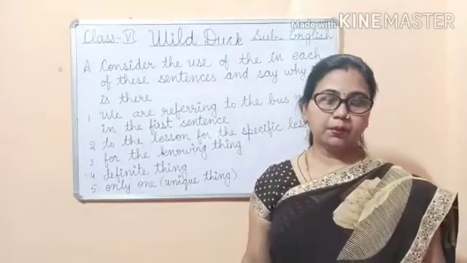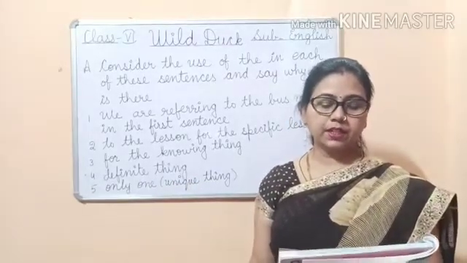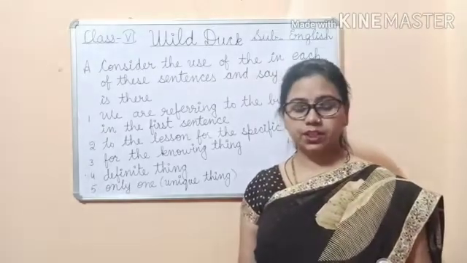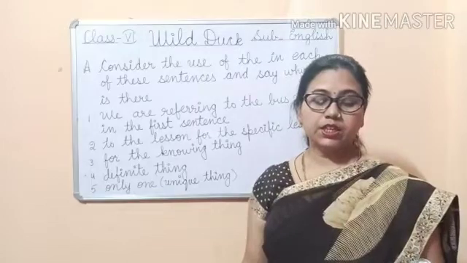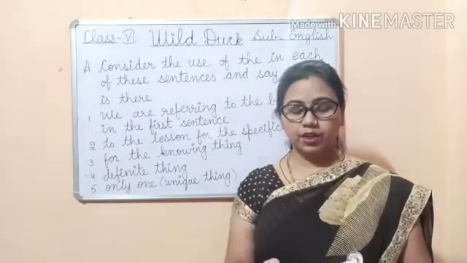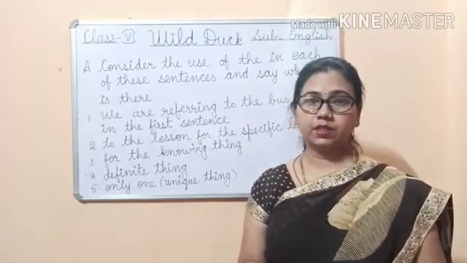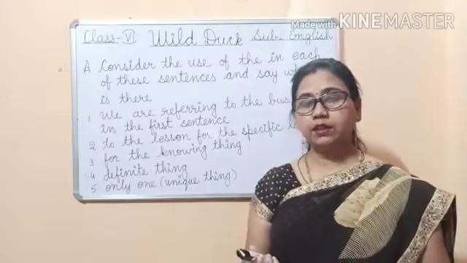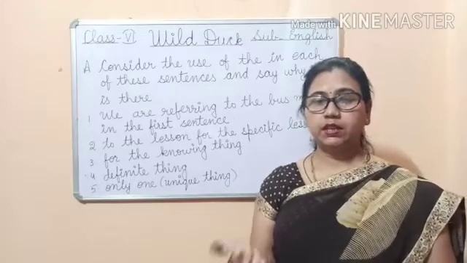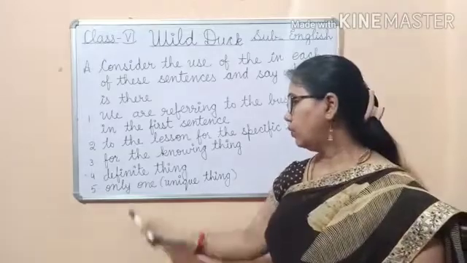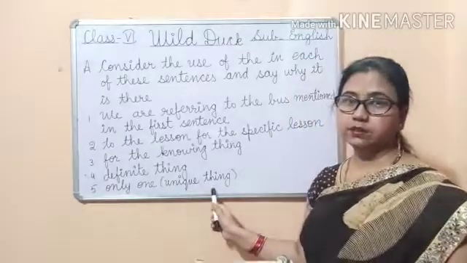Number 5 is, we sang the national anthem at the end of the function. The national anthem. We had used here "the" before national anthem. We know our national anthem is only one thing, one song, Jana Gana Mana. So we are referring here to only one unique thing.